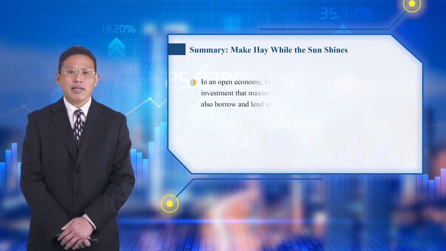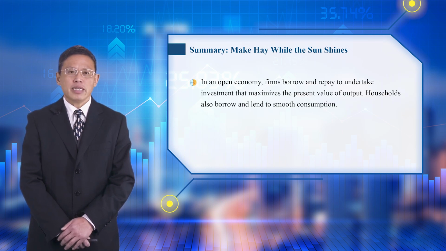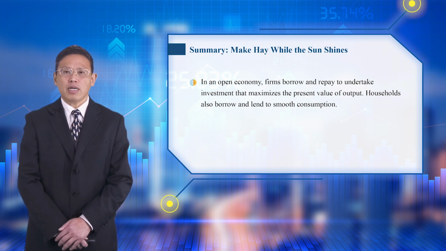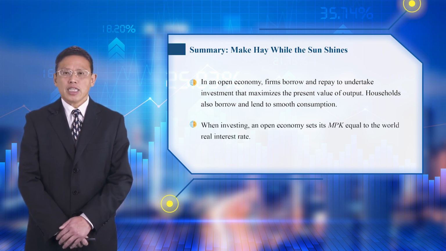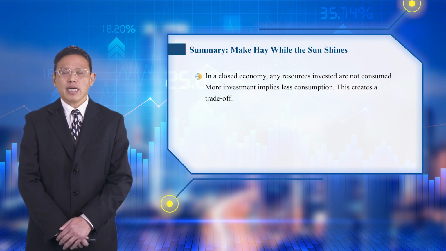5. Summary. Make hay while the sun shines. In an open economy, firms borrow and repay to undertake investments that maximize the present value of output. Households also borrow and lend to smooth consumption. When investing, an open economy sets MPK equal to the world real interest rate. In a closed economy, any resources invested are not consumed.